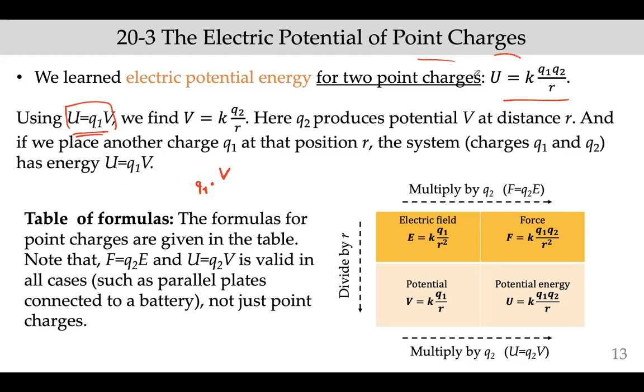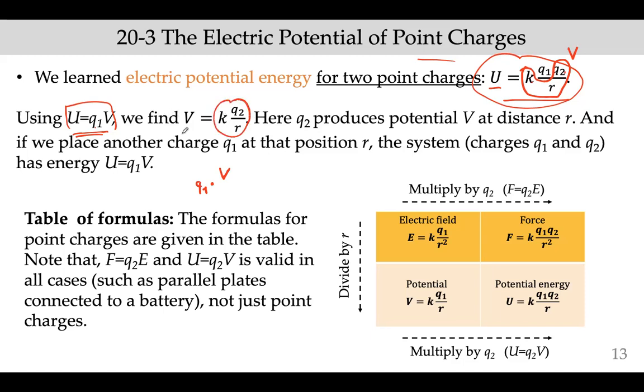Now, if you compare these two, if you just separate Q1 here, because U is Q1 times potential, then this term, K Q2 divided by R, is the potential.